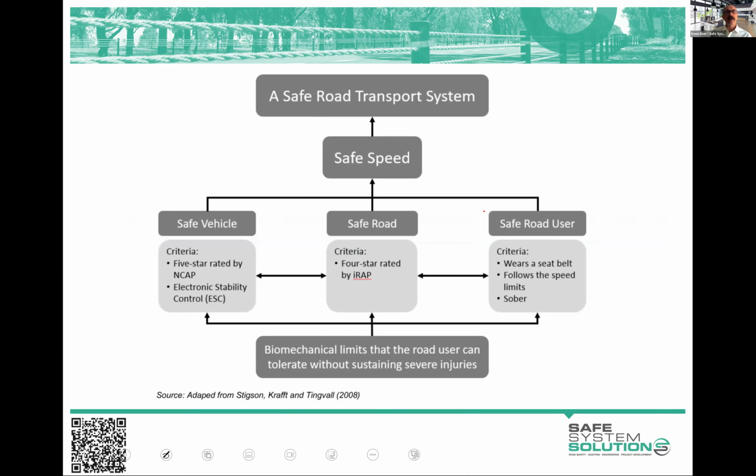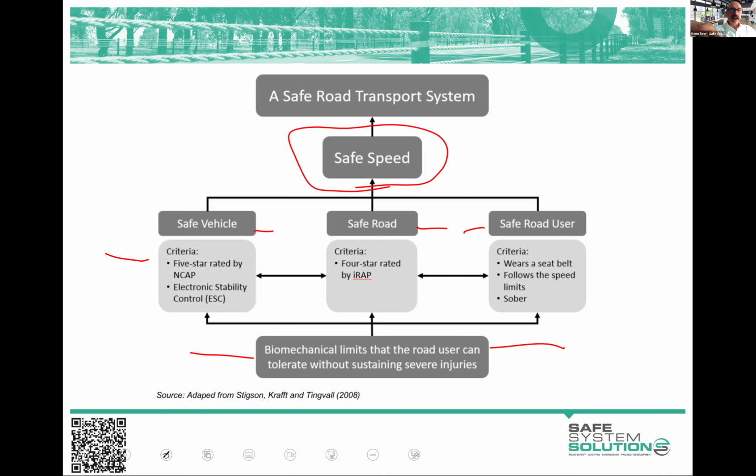When I was updating the Austroads Guide to Road Safety Part 3, which is on speed and speed management, I popped this diagram out of it. It's out of Europe, but basically says, if we have a good understanding of the biomechanics of injury, how much force can be taken in certain crash scenarios with certain features in place, and you understand what your vehicle fleet is, and you understand your road, and you understand your road user, as long as you filter it through the appropriate speed, we have a safe transport system.